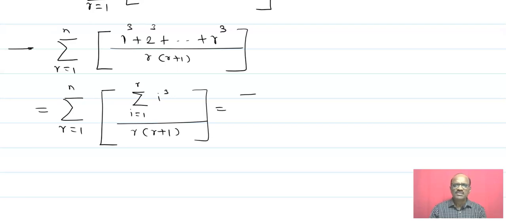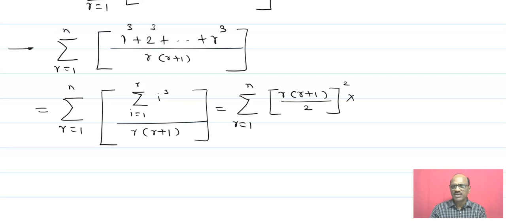Now find out the summation of the r is equals to 1 to n, and summation i is equals to 1 to r of the i cube is r into r plus 1 upon 2, whole bracket square. This divided by r into r plus 1, that is a denominator term.